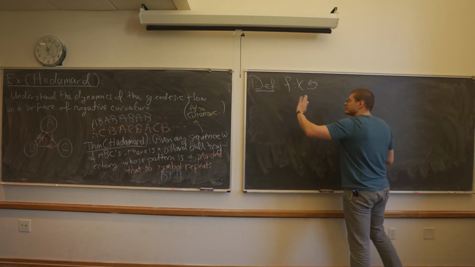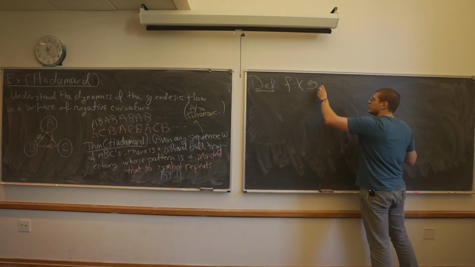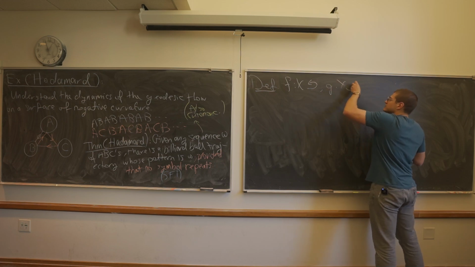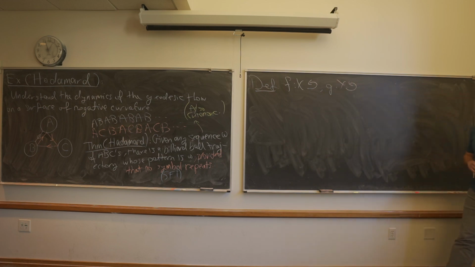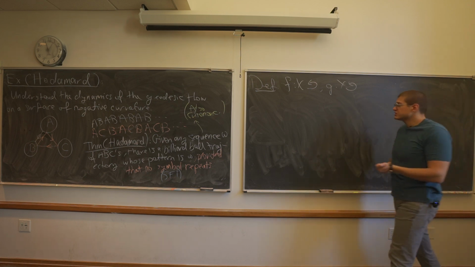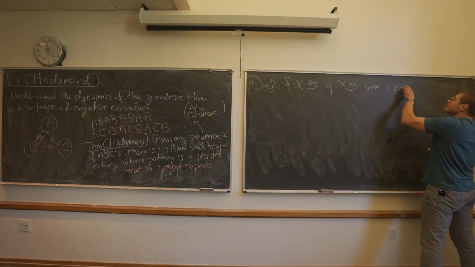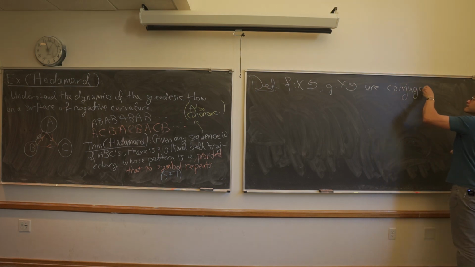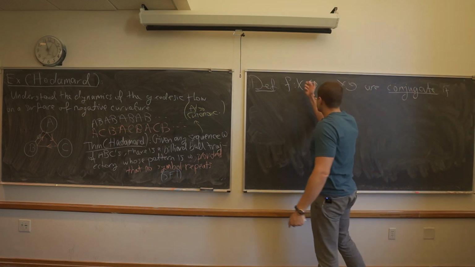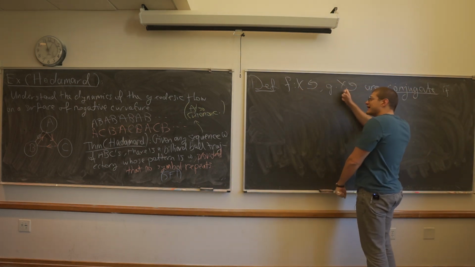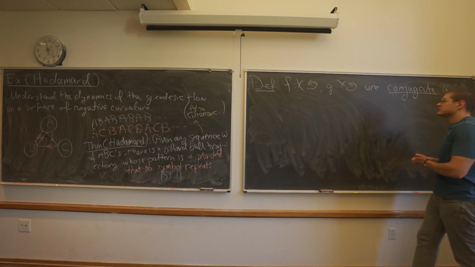I have two sets and two functions acting like this. I'm going to call them conjugate if there is a bijection, let's call it phi, from x to y that conjugates these two actions.